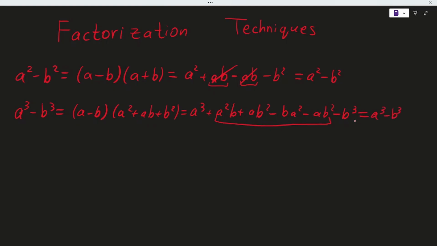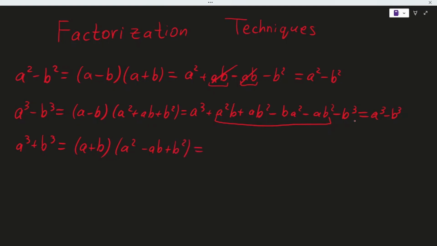Similarly, if we use the same technique for the sum of cubes, a³ + b³ can be represented as (a + b)(a² − ab + b²).